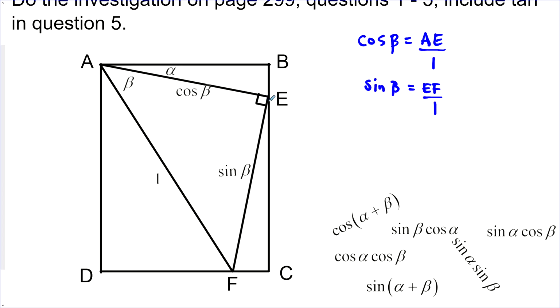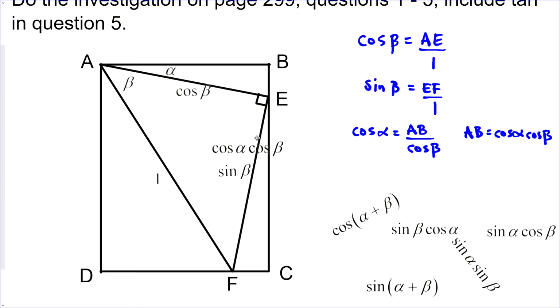Next, we'll do this triangle at the top. It's also a right triangle because it makes use of one of the rectangle's vertices. So cos alpha, using this angle here, is equal to the adjacent side, which is AB, divided by the hypotenuse, which we've now labeled as cos beta. Do some algebra, and we've got that side AB is equal to cos alpha times cos beta.